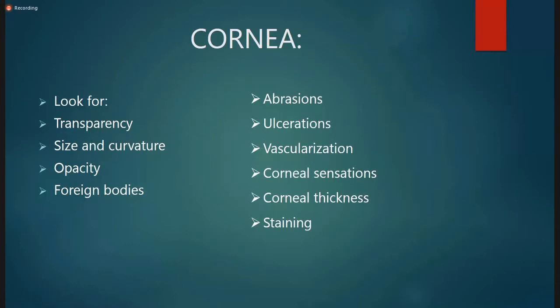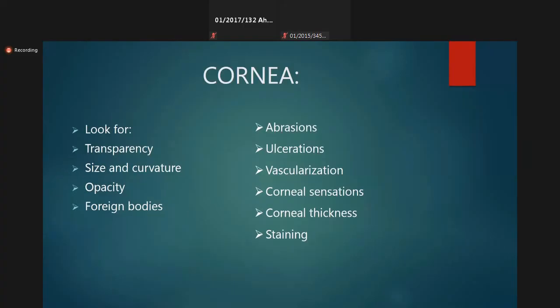fungal or protozoal. But if the sensitivity is decreased, in spite of a 4 or 5 millimeter ulcer, the eye is not closed and the corneal sensations are decreased. It means that it is due to a virus. It may be a viral ulcer.